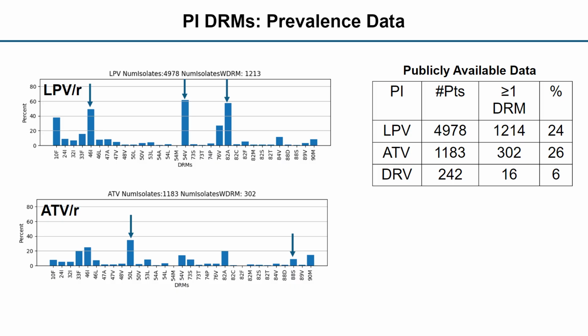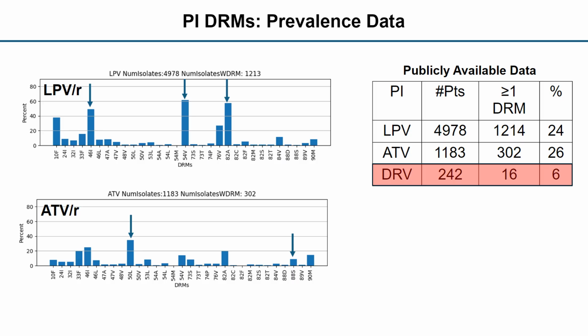Two mutations, I50L and N88S, are notable because they confer high-level resistance to atazanavir, but do not reduce susceptibility to other PIs. By contrast, far fewer data are available for previously PI-naive patients with virological failure on darunavir, and among the 242 such persons, only 16 had one or more PI resistance mutations.